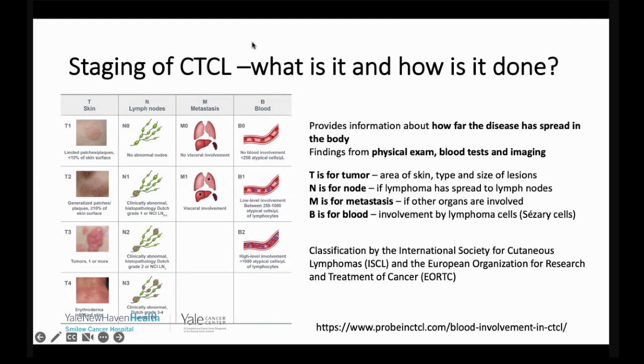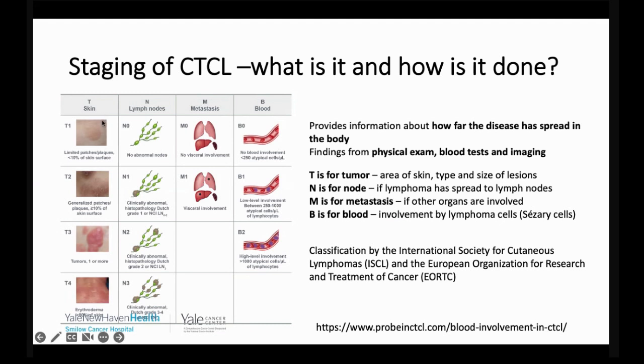Here, T is for tumor, which refers to the area of the skin, type, and size of lesions. N is for node, whether the lymphoma has spread to lymph nodes. M is for metastasis, which is looking for other organs. And B is for blood, where the blood is involved by lymphoma cells, in this case what are known as Sézary cells.